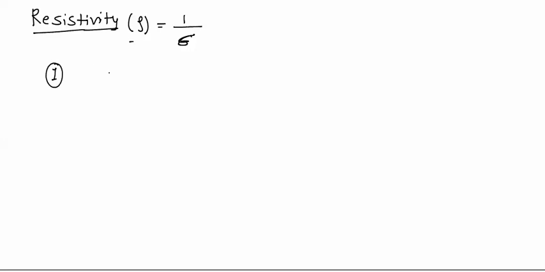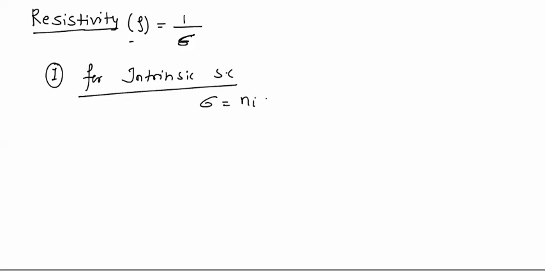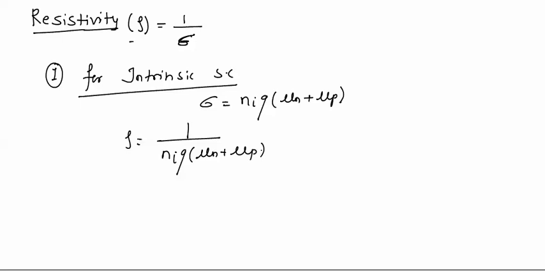First, for intrinsic semiconductor, sigma equal to Ni into Q into mu n plus mu p. So its resistivity will be defined as rho equal to 1 upon Ni into Q into mu n plus mu p.